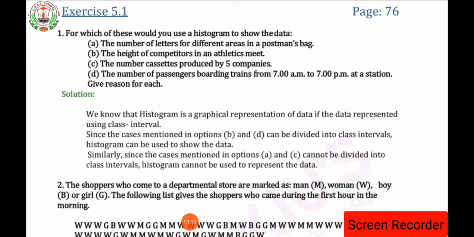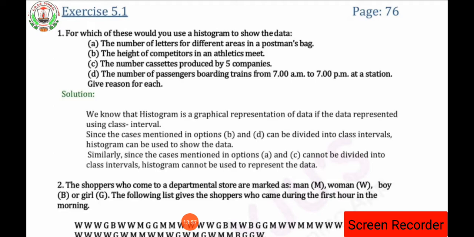Like 7 a.m. to 8 a.m., 8 a.m. to 9 a.m., 9 a.m. to 10 a.m., like that up to 7 p.m. we can divide the class interval. Similarly, for the height of the athletes or competitors, we can divide it like 5 to 6 feet, 6 to 7 feet, or 5.1 feet, 5.2 feet, 5.3 feet, like that.